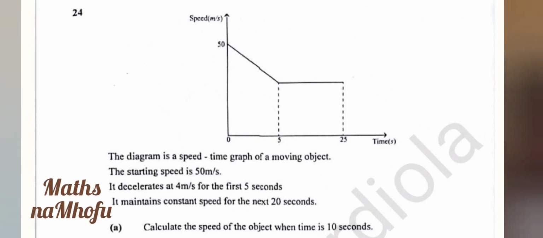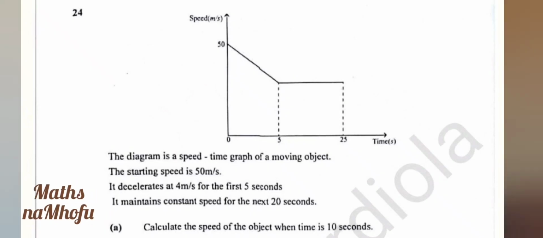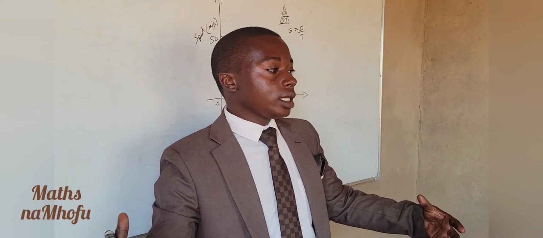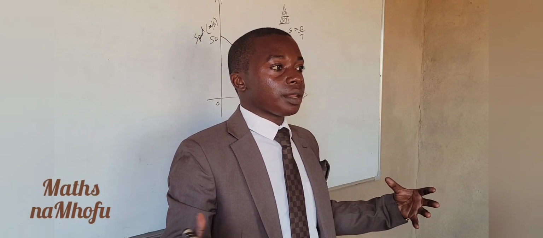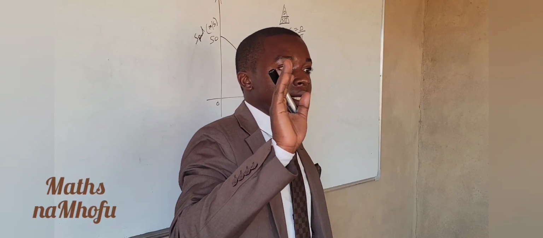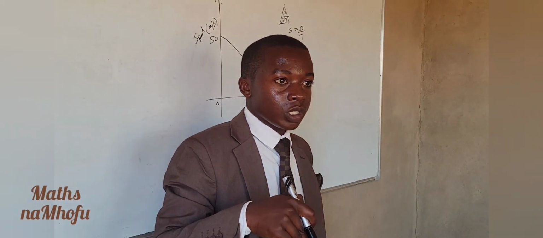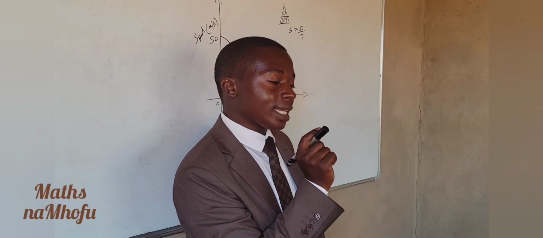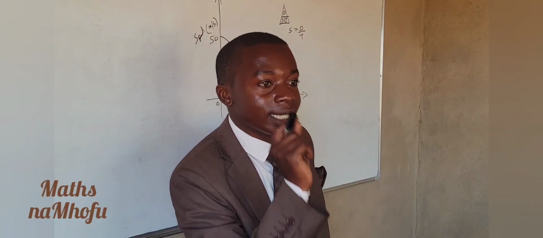In this case, we have deceleration. Remember, acceleration and deceleration are not that different. Acceleration means you are increasing speed, deceleration means decreasing speed. So negative acceleration is called deceleration.